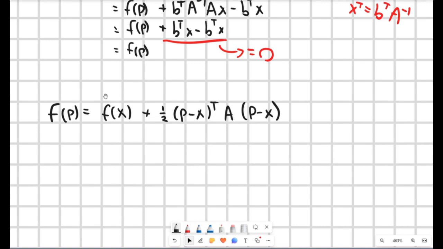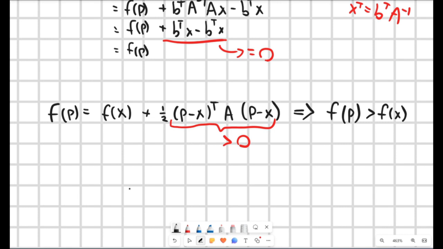Okay, so this means that f of p is equal to f of x plus this term here, where p is just some vector that is different from x. And remember that A is positive semi-definite, so that means that this thing has to be greater than 0. So from this, you can infer that f of p is greater than f of x.